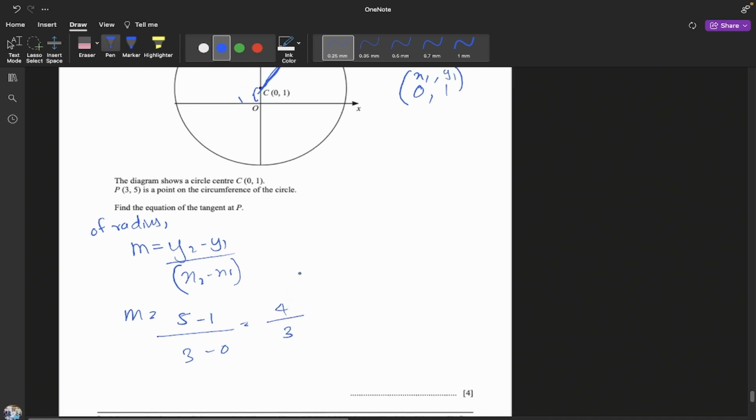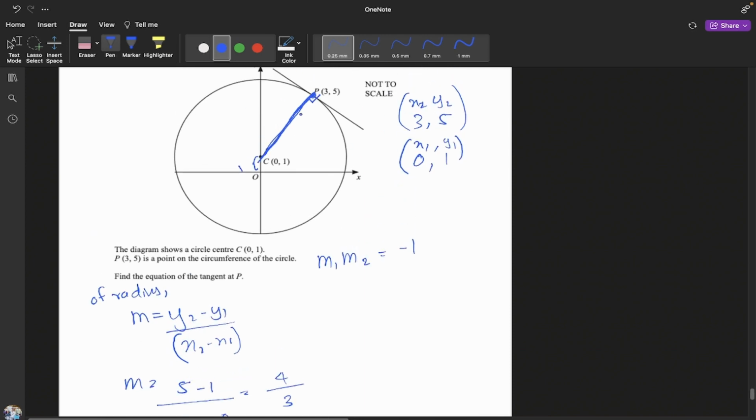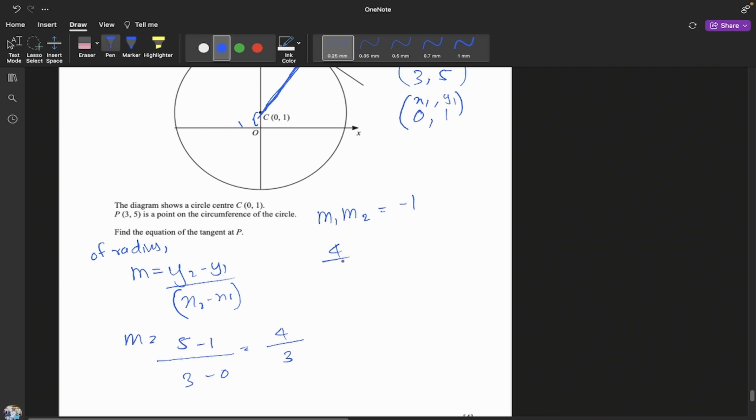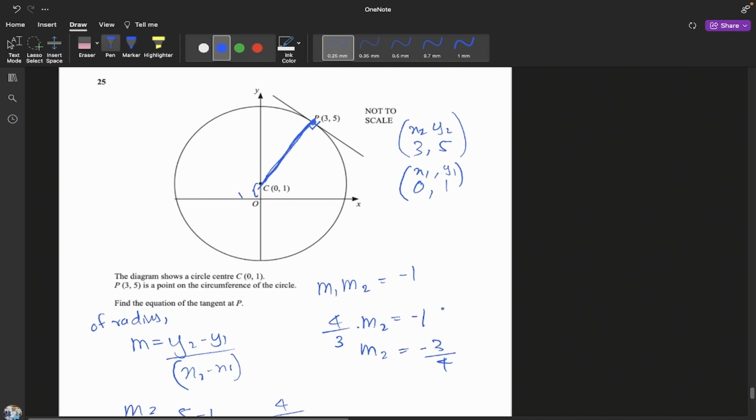Okay, the gradient. You should have learned the theory, m1 into m2 equals minus 1. When two lines are perpendicular, the product of those two gradients will give minus 1. So if this is 4 over 3, then m2 is equal to minus 3 over 4.